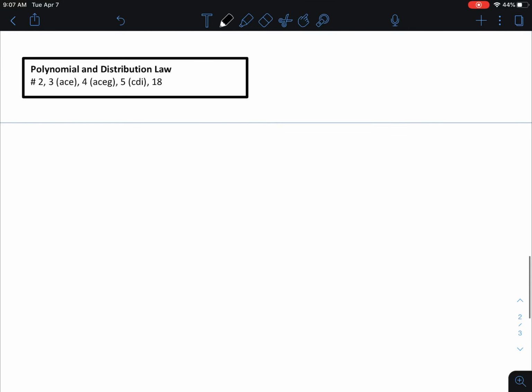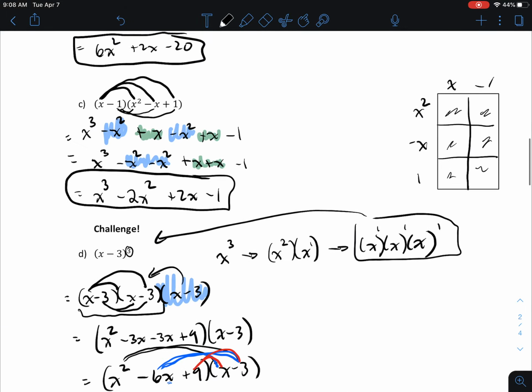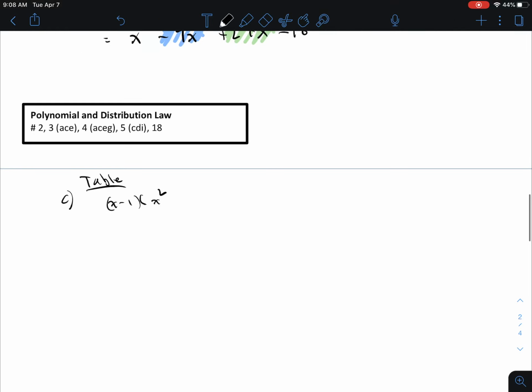The question is x minus 1 multiplied by x squared minus x plus 1. Yesterday I said you can draw a table, a 2 by 3 table, we'll call it.